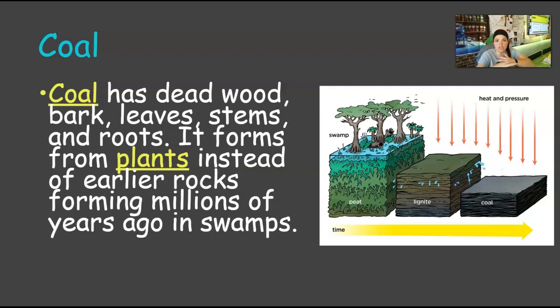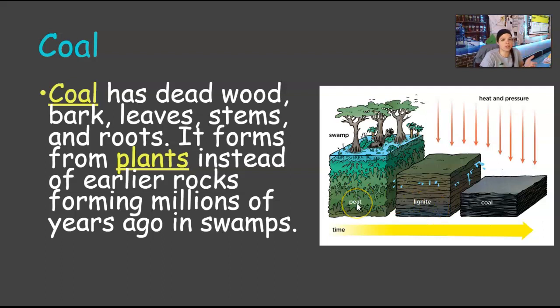So it lays there in a stagnant pool and more stuff dies and falls on top and it pushes, and it forms peat. I don't know if you've ever heard of peat moss, but they use that in Ireland for fires because there's not a lot of wood. So they use peat moss, or they at least used to. And then as that gets pushed and pushed more, it forms something called lignite or brown coal.